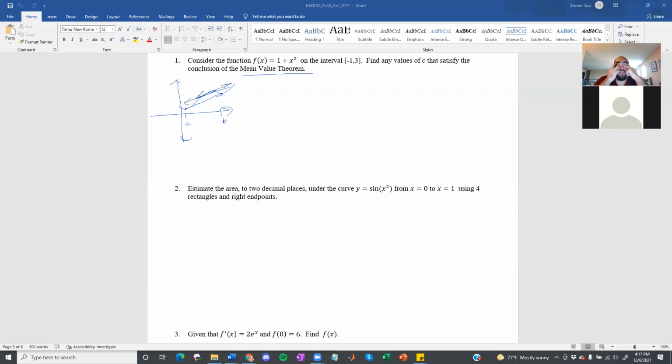So if a function is continuous and differentiable over an interval, then its average rate of change and its instantaneous rate of change will be equal somewhere.